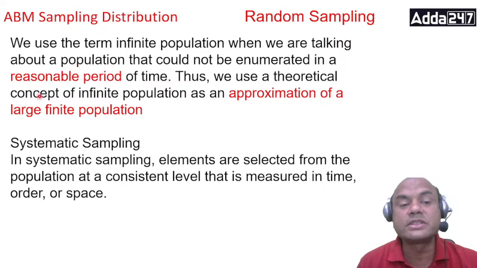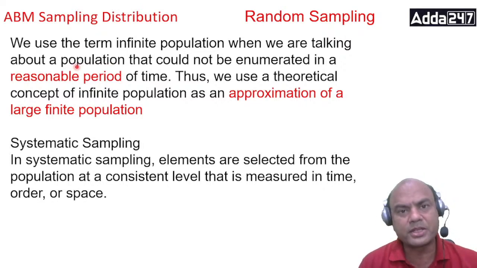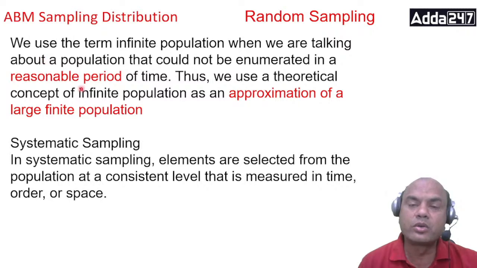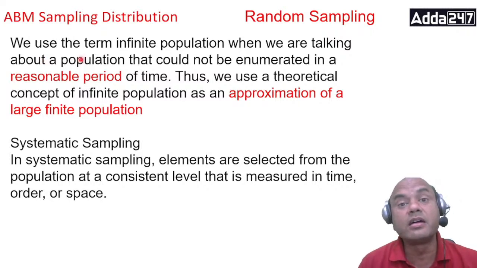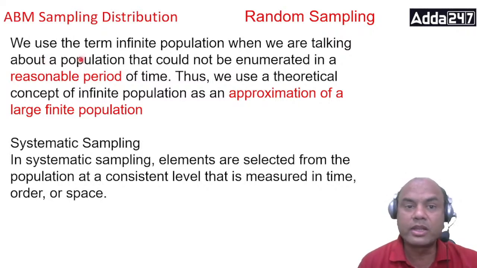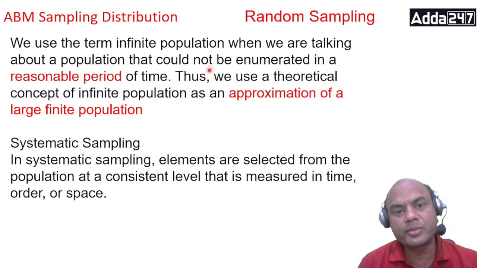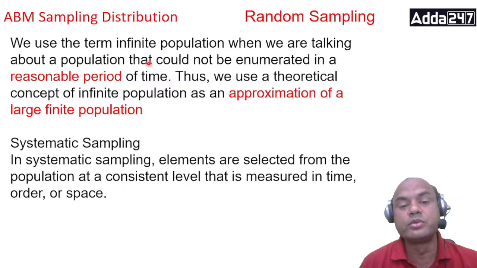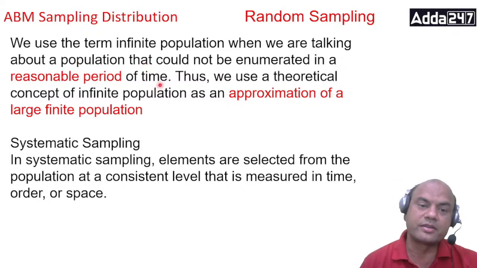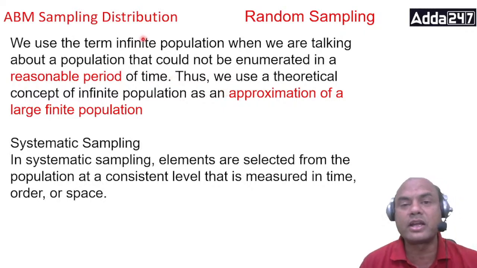But if I ask the same 1 lakh population to be surveyed in, say, 10 years, then it doesn't become an infinite population because the time period is huge. That's the logic. So there is nothing called absolute infinite or finite over here.